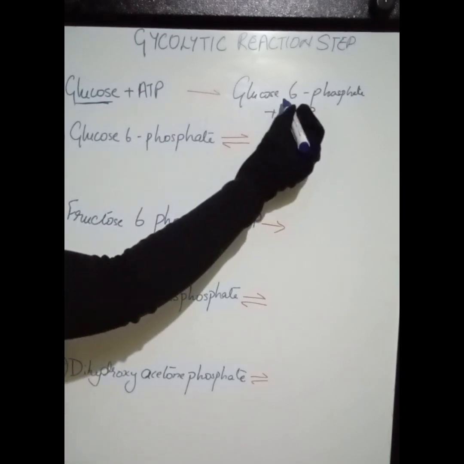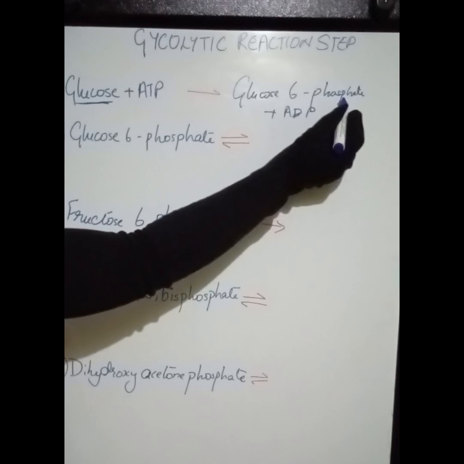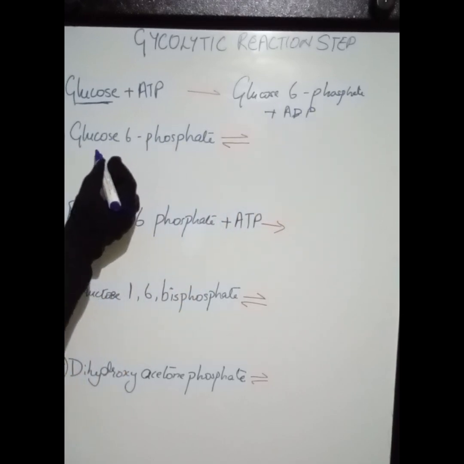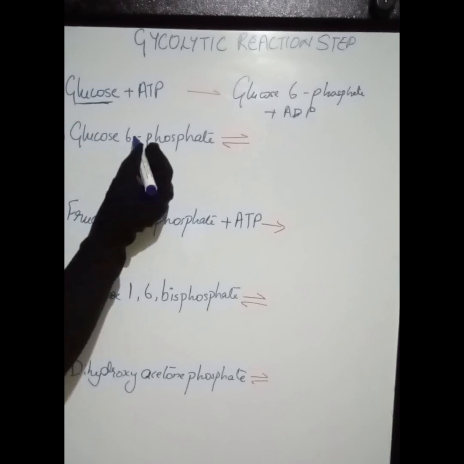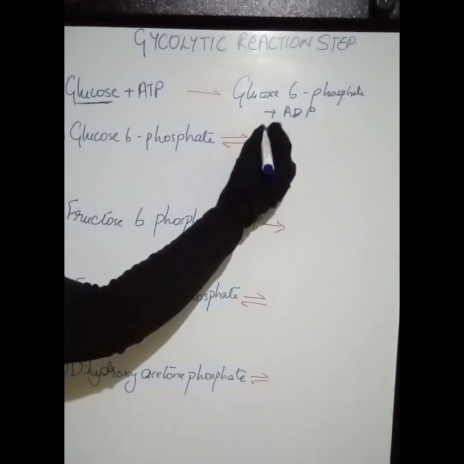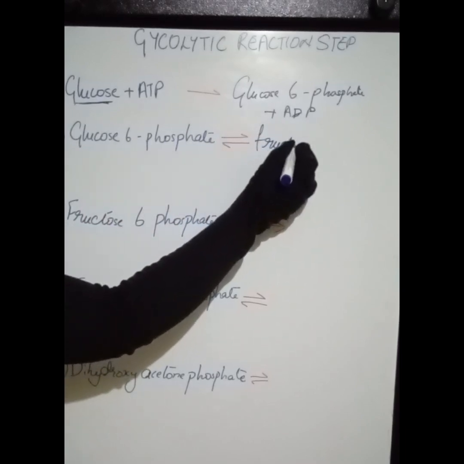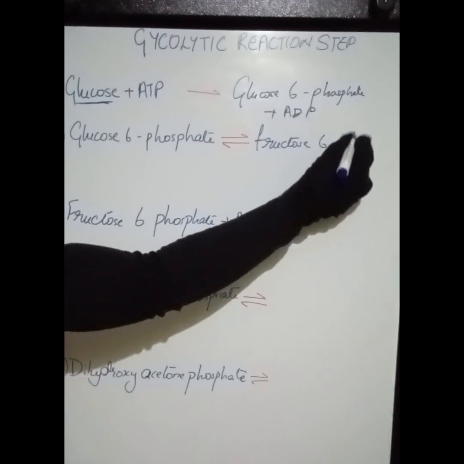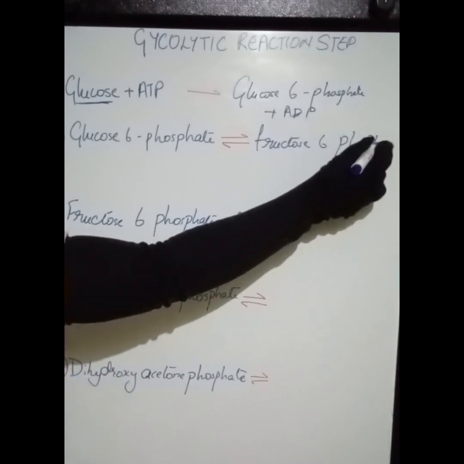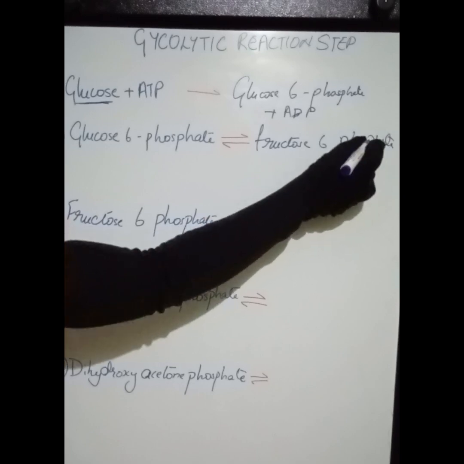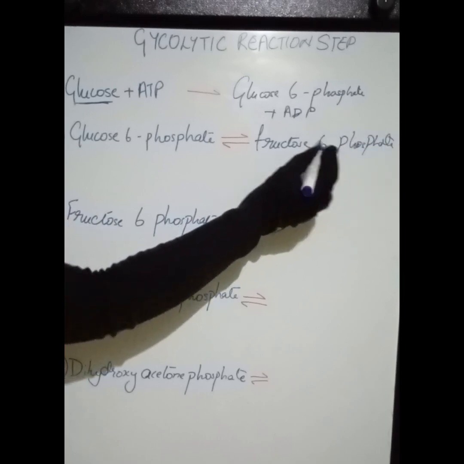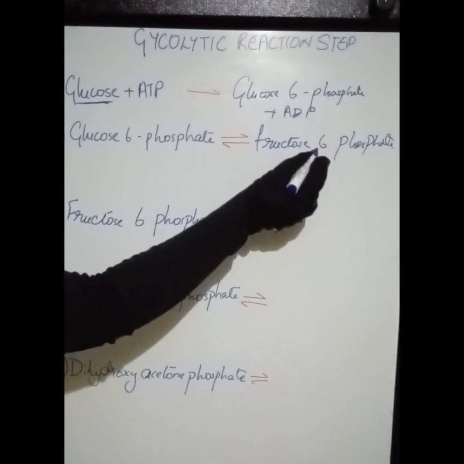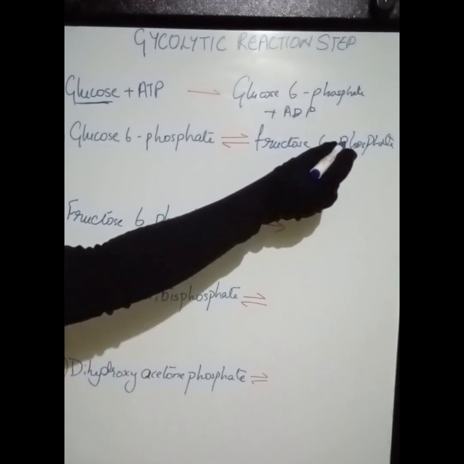So this glucose 6-phosphate gets into the next reaction step where glucose 6-phosphate is converted to fructose 6-phosphate.